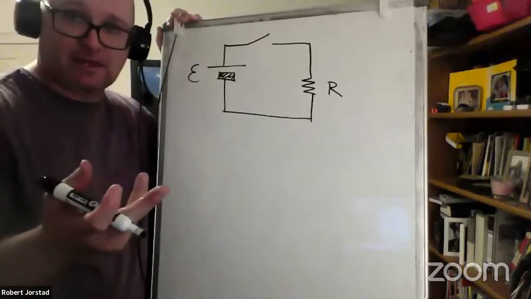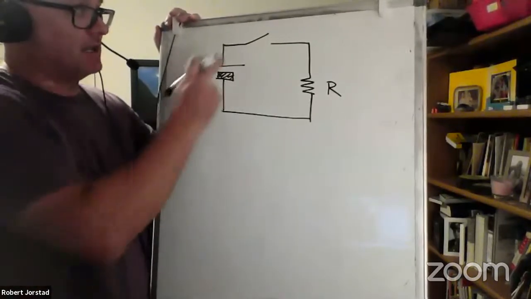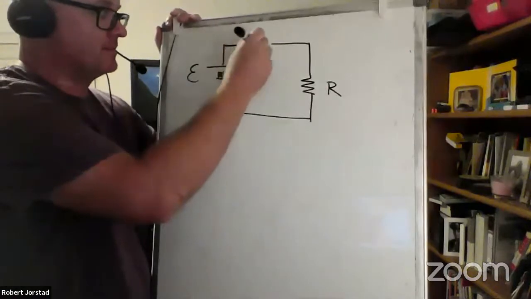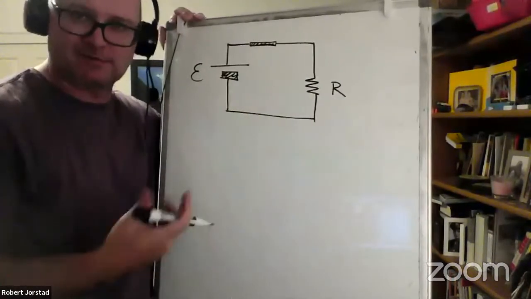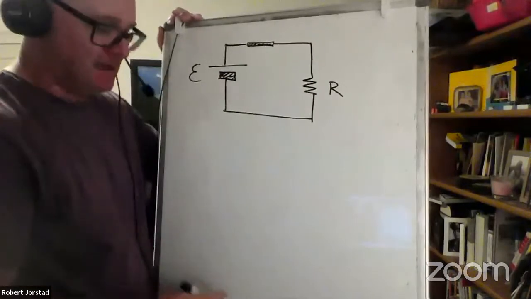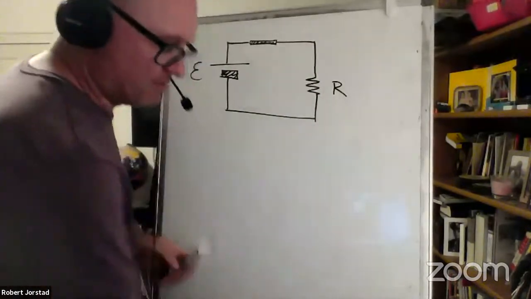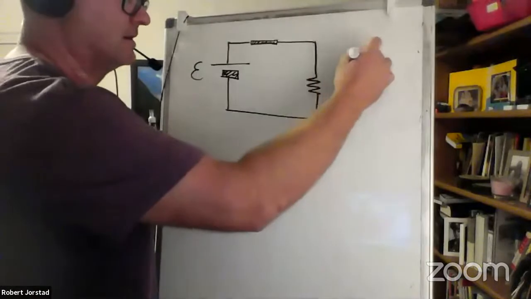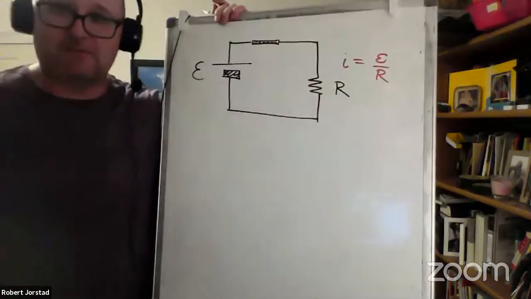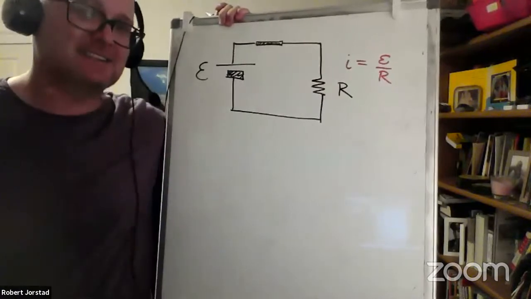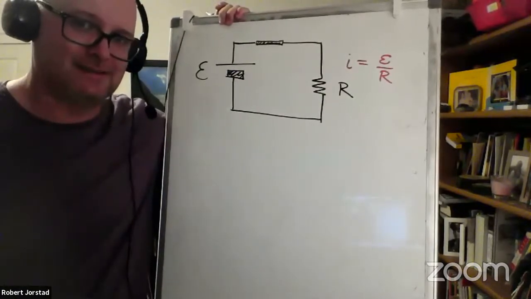I think you all agree with that, right? When I close the switch, most of you probably think there's going to be some current, and you'd probably think that value would be E over R. The way I'm phrasing it implies that's not the whole story.